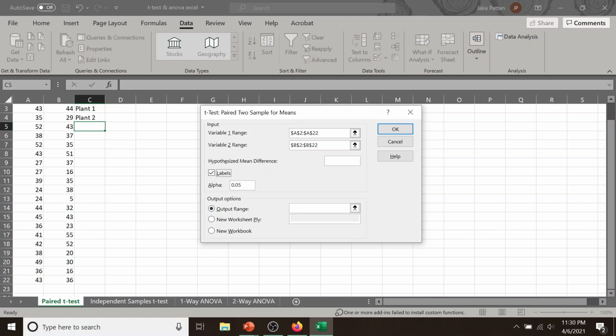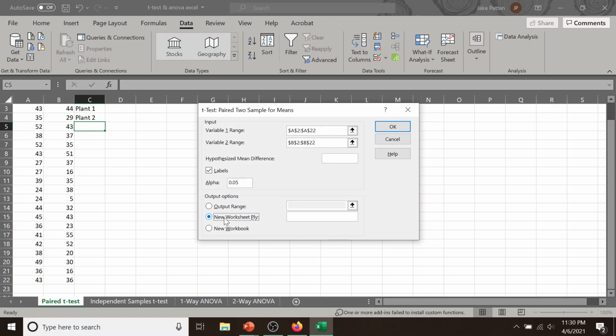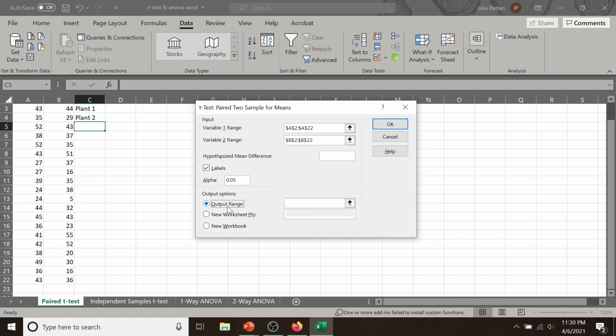Okay, so you don't need to do anything with hypothesized mean difference. You don't need to do anything with alpha. That's a fine alpha. It's what we're always using, unless there's some reason to change that. For your output options, you can do output range, and then you can just click in E1 and get your data right there in E1.